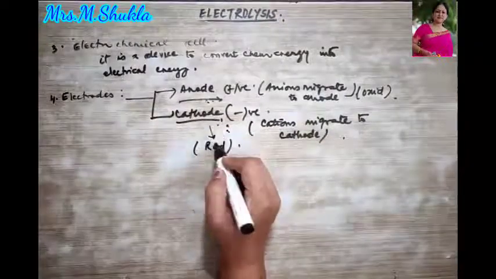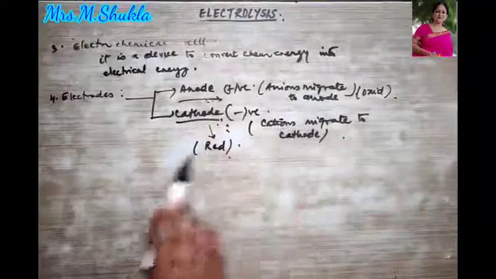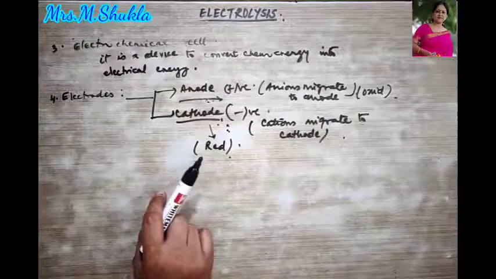At the cathode it is always reduction, at the anode it is always oxidation, right?